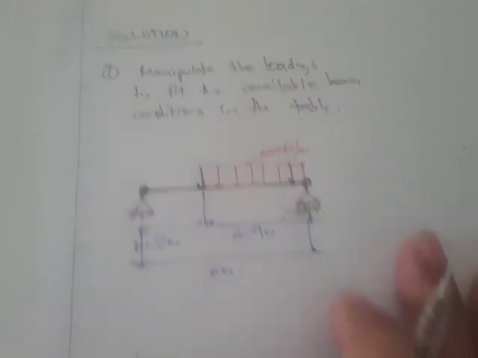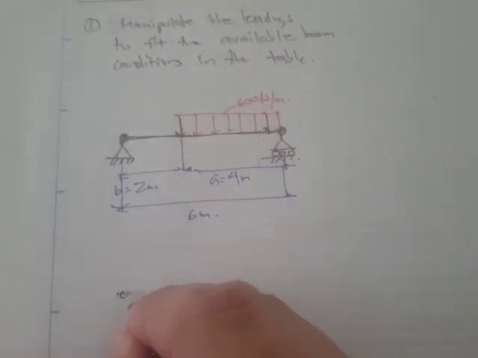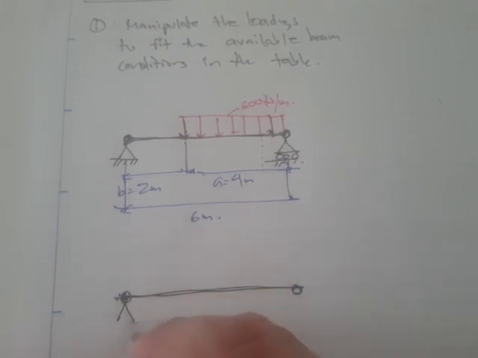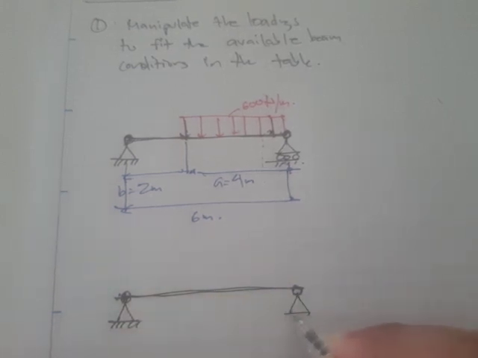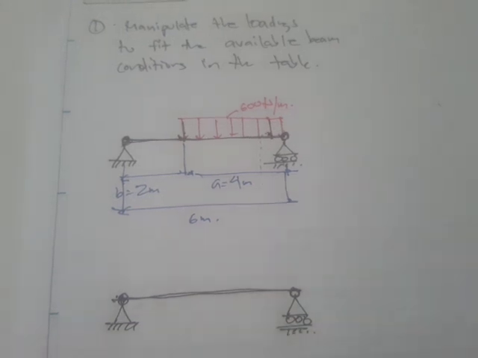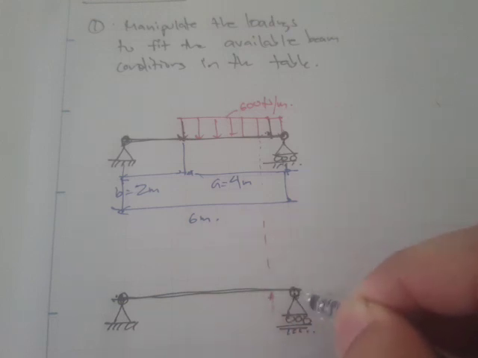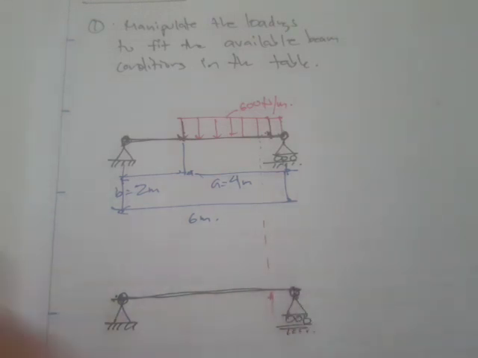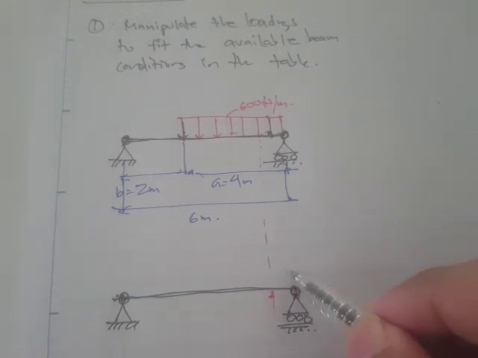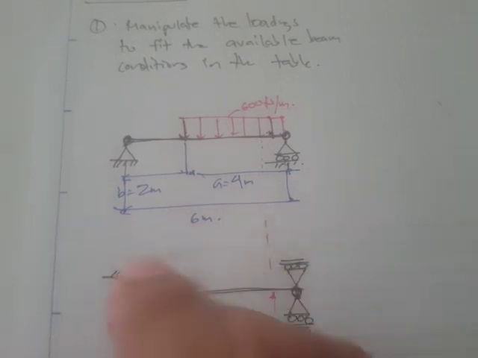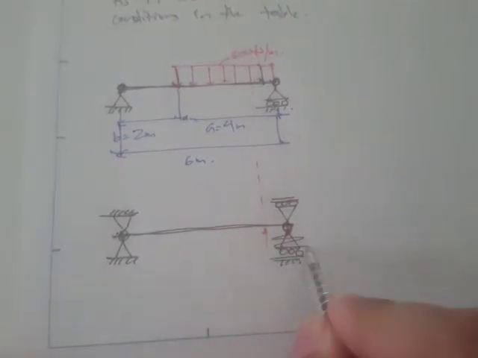And we can do that by using another beam. However, the loading will be upward. Actually, we should have drawn it on the opposite side, like this. And so let's not include this.